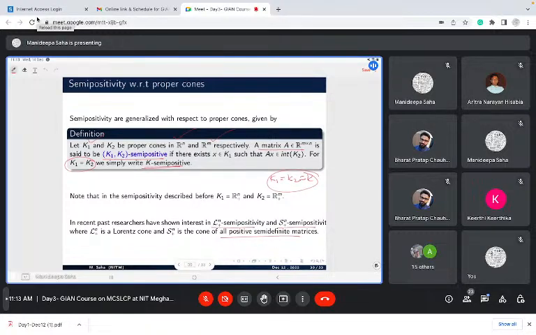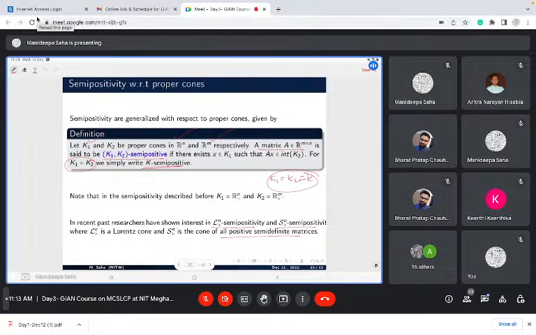The reason is I'm not sure, but I didn't see any. Again, if you go back, many generalizations, many characterizations were given by Michael, but I cannot think of one here for a proper cone.